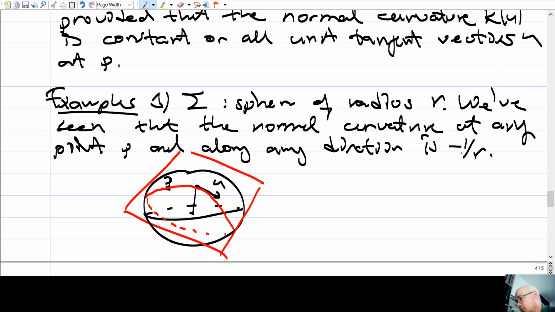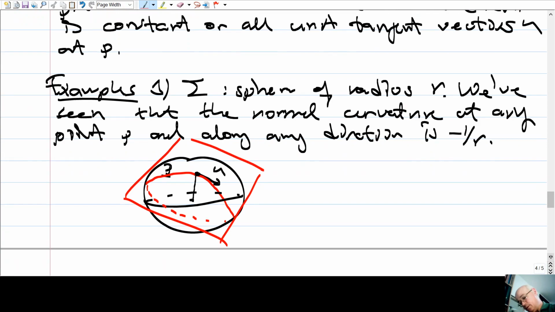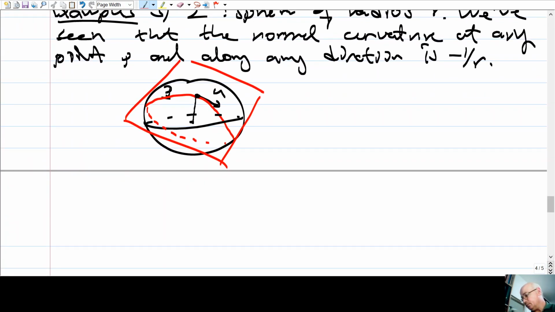But we put a minus sign in front in the definition of the shape operator. Let me remind you.